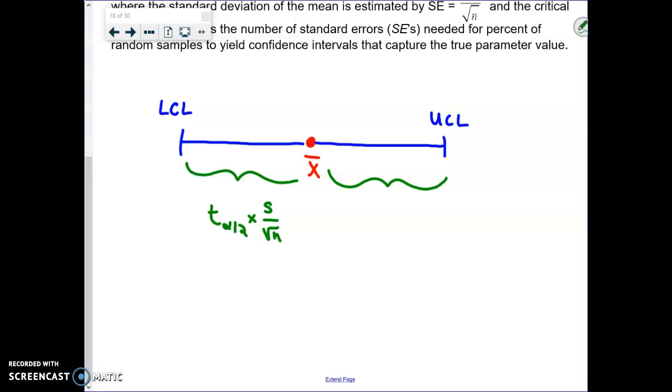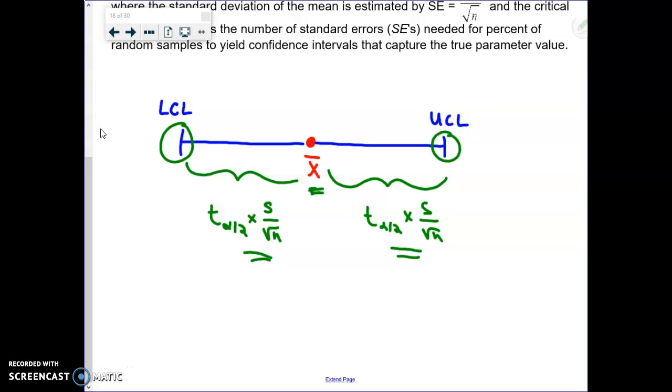Same thing over here. That's going to be the same because the sample mean is exactly in the middle of your upper and lower limits. So if you take your mean minus this value, you get your lower limit. If you take your mean plus this value, you get your upper limit.